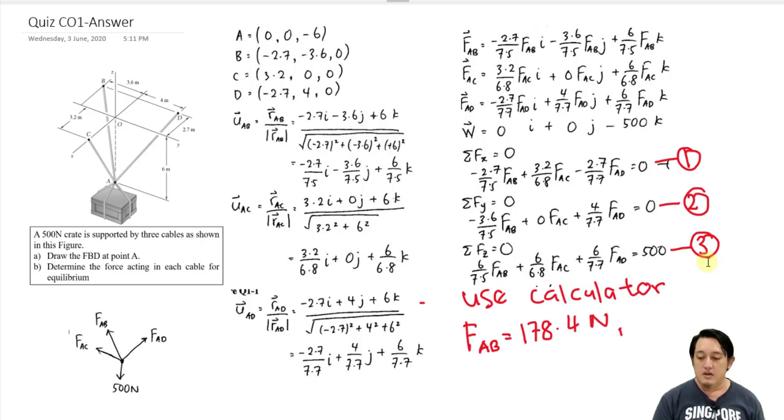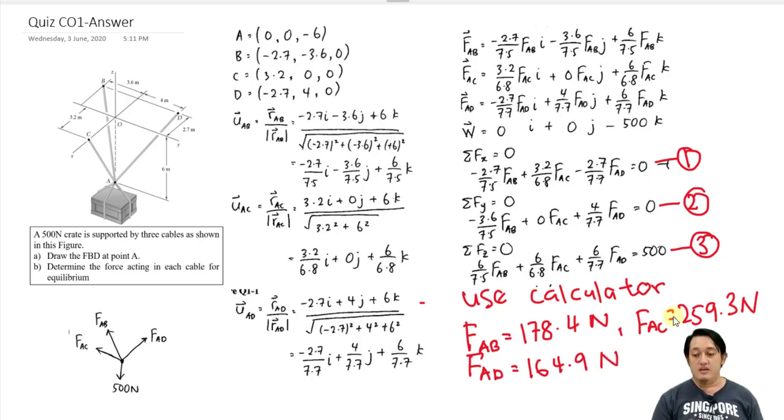And then FAC equals 259.3 Newton. And the last one, FAD equals 164.9 Newton. So that is the final answer.